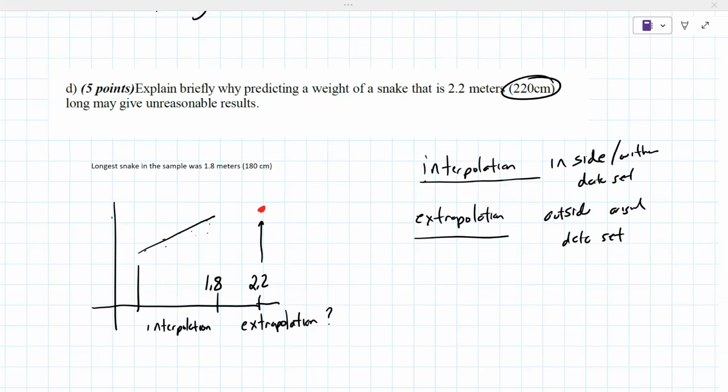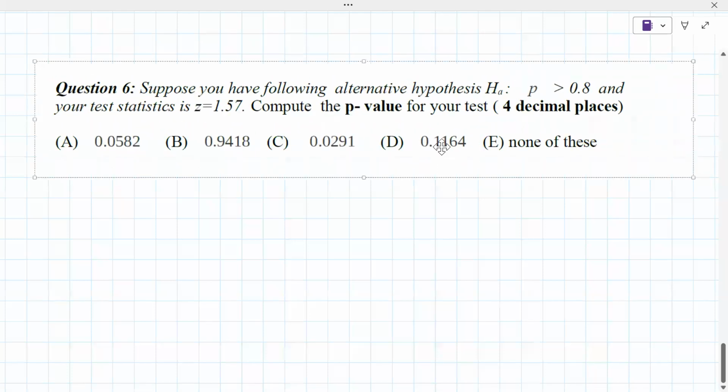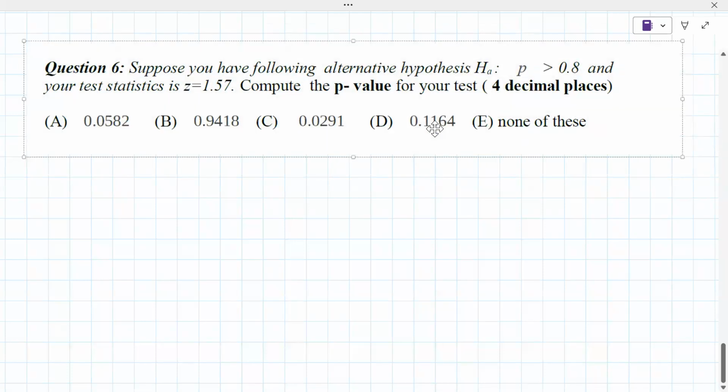Okay, let's talk a little bit about proportions. Take a look at one of these multiple choice questions. It says here, suppose you have the following alternative hypothesis, p greater than 0.8, and your test statistic is z equals 1.57.